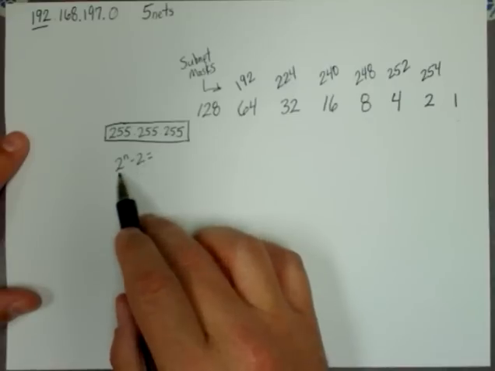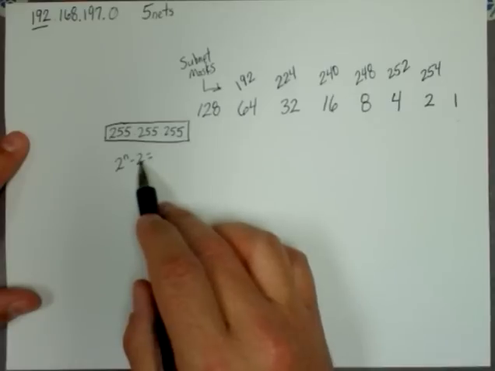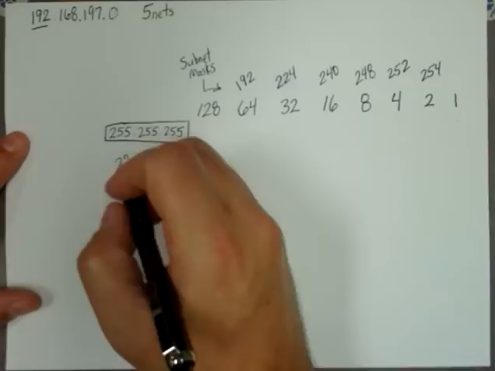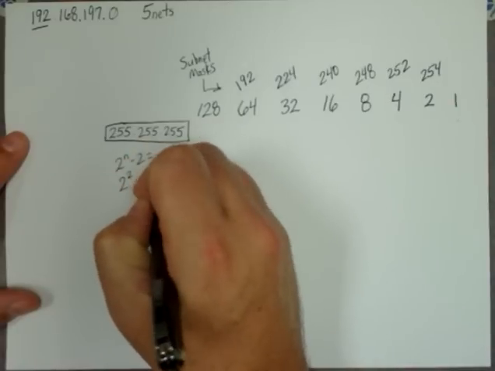So I will do the 2^n minus 2 for both the networks and the hosts per network. However, if you're in a situation where the 0 network is allowed, then you simply don't do the minus 2 for the networks. You'll always do the 2^n minus 2 for the hosts per network. So we're going to take an educated guess here and just act like we're borrowing 2 bits and say 2 to the second minus 2.